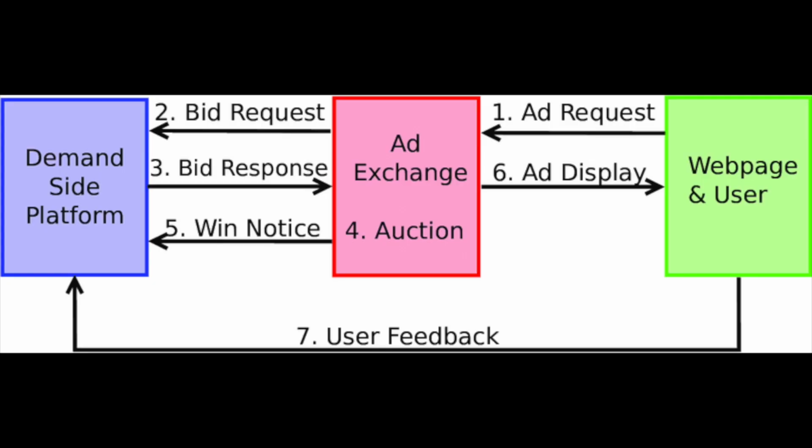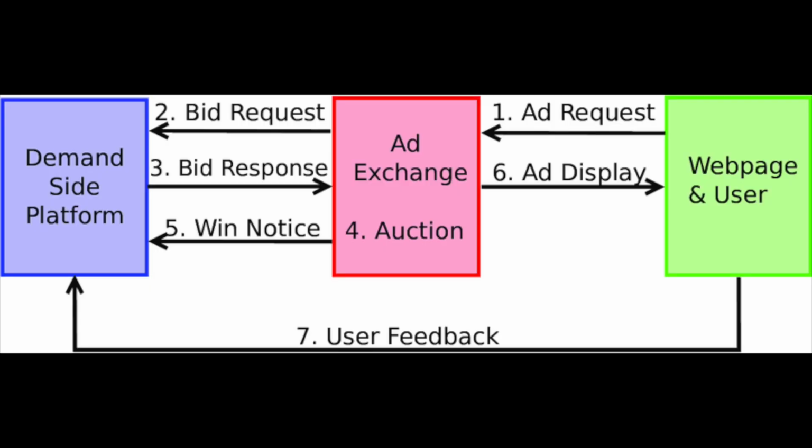Now what happens? It's a step-by-step process, and I'll brief you on it. So an ad request comes to Ad Exchange, and it contains all the user related information. Then the Ad Exchange auction happens. The request is sent to Ad Exchange, which acts as a marketplace for buying and selling of ads.